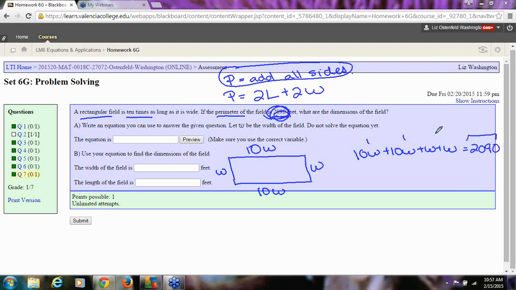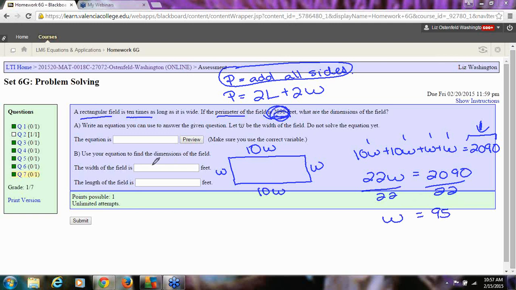All 4 sides, when added together, should equal that. Once I'm here, now I'm just using my equation skills. 10 plus 10 is 20, 21, 22. So I have 22W equals 2090. When I divide by 22 to get the W by itself, I get 95.